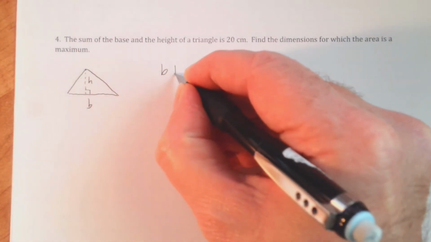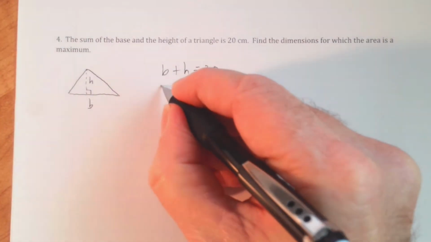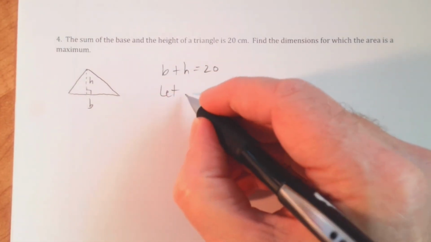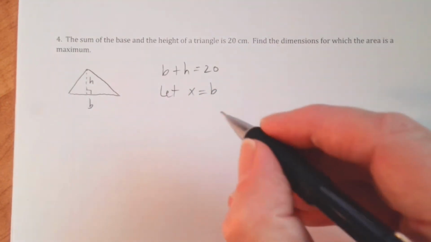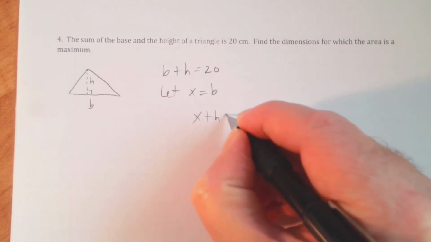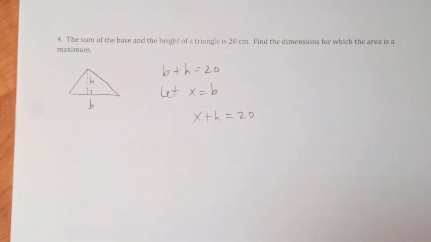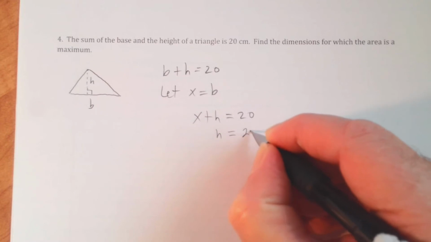So the base plus the height is equal to 20. Well, as I hinted, we're going to let x equal b. And so in that case, we have x plus h equals 20. And if you solve for h, you'll get h equals 20 minus x.